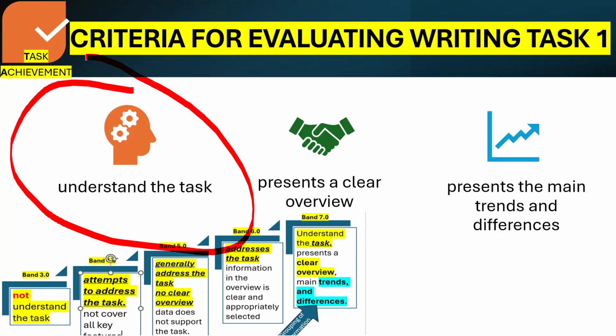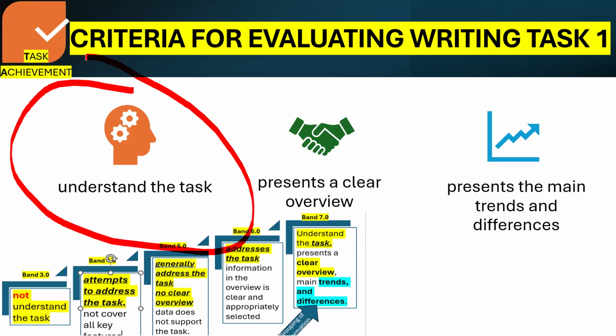We have to understand the essay type, the structure, and the subject. And the most crucial one is understanding the subject. Presenting a clear overview is again pretty easy to identify in a data essay. We should only identify the group that shows the same pattern, right?